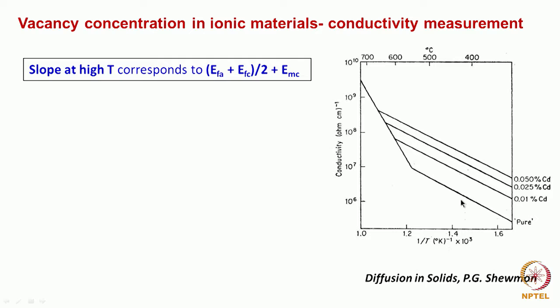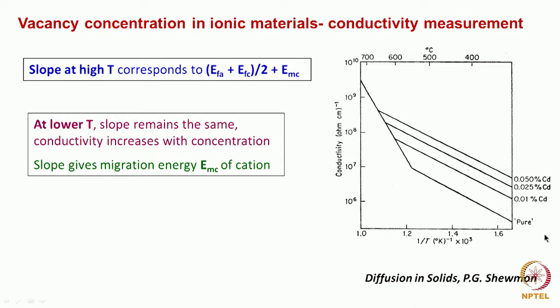If we look at the lower temperatures, there the concentration of the defect is decided by the concentration of the impurity which we have added, correct. At different temperatures the mobility will change. That is why we get different conductivity, correct.